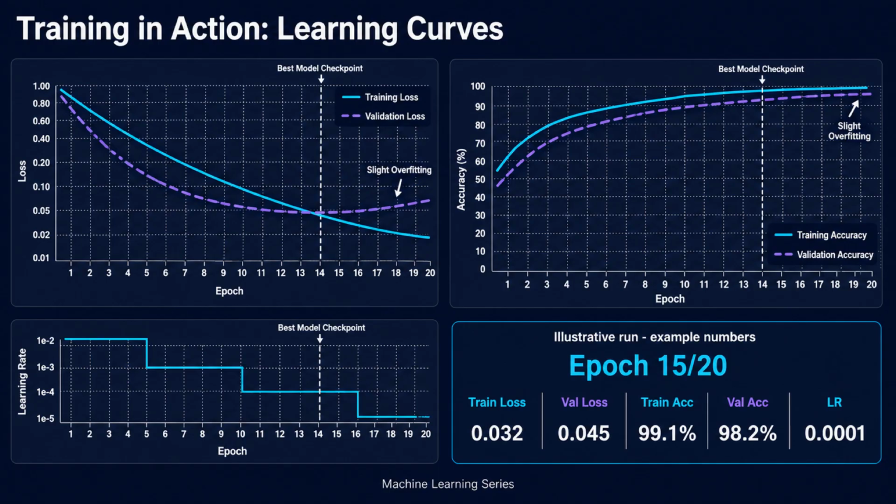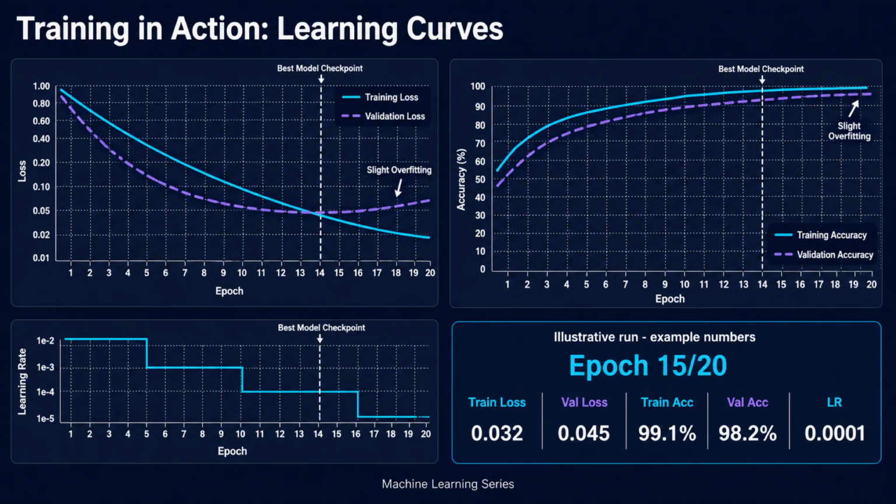Let us walk through what happens in each training iteration. First, we iterate over epochs, where each epoch processes the entire training set once. Within each epoch, we loop over mini-batches from the data loader. For each batch, we perform the forward pass, feeding input through the network to get predictions. Then we compute the loss by comparing predictions to true labels using cross-entropy loss.